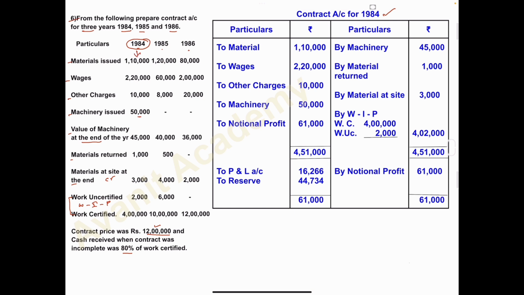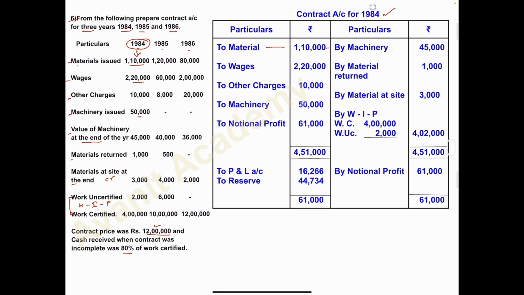This 1985 and 86 we'll see later. Concentrate on this first column, 1984 information. So 1984 material issued is 1,10,000. It is to be written on the debit side of the contract account. So write to material 1,10,000. Wages.